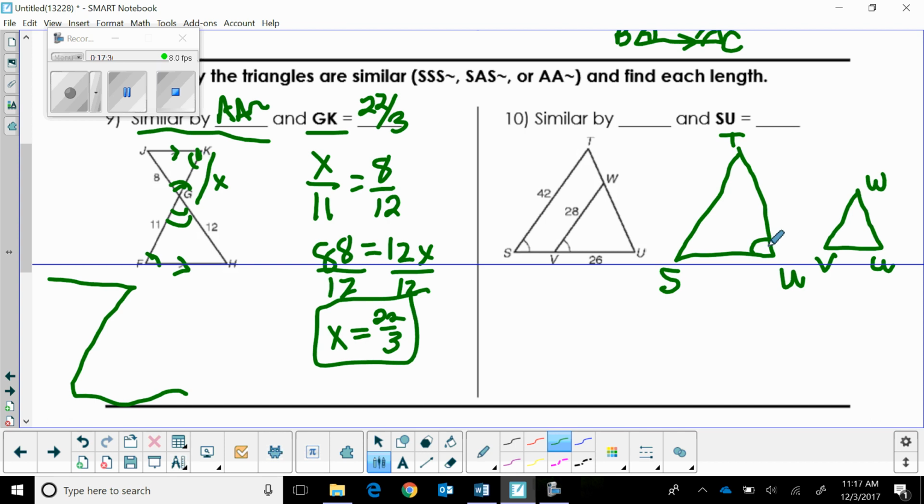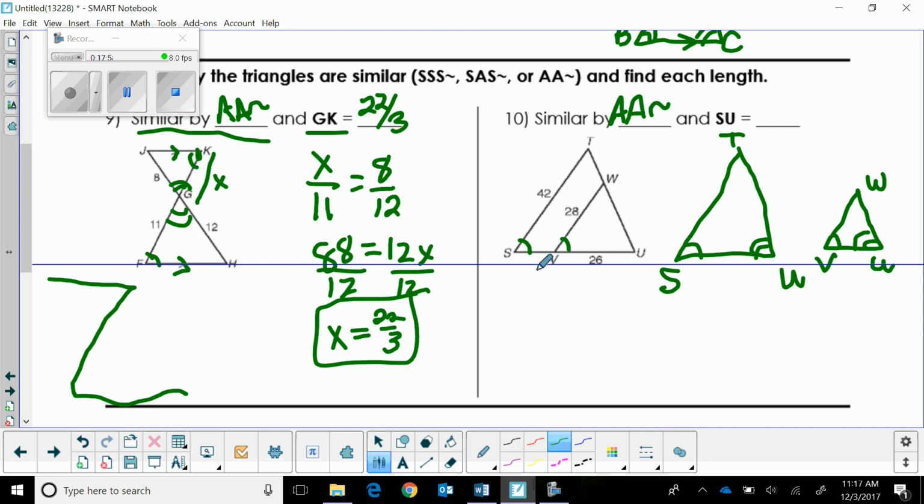They both contain angle U. So let's mark U congruent to itself. Now we need something else. Well, we've got angle S and angle V marked as congruent. So there's our second piece of information. And so by angle-angle, we can say the two triangles are similar.